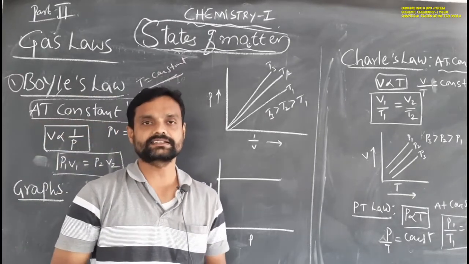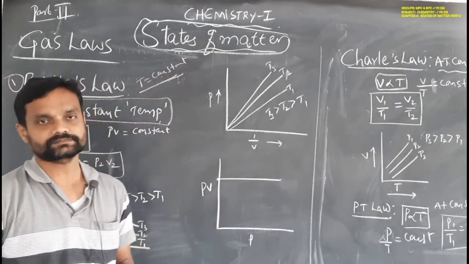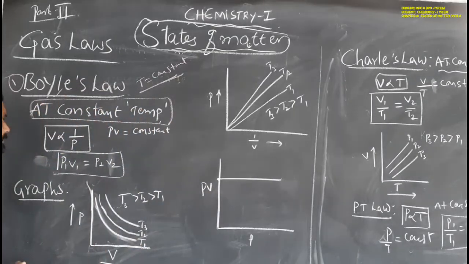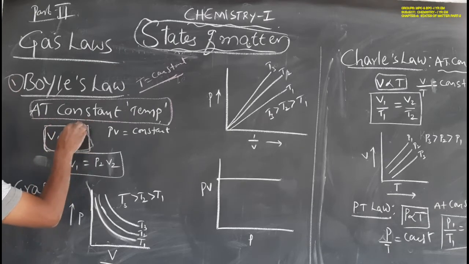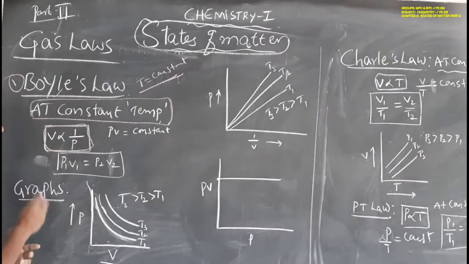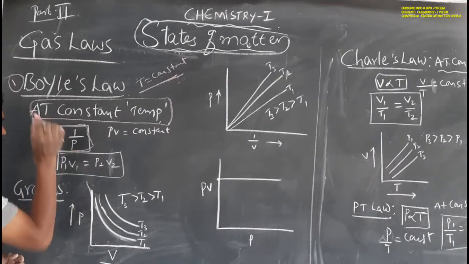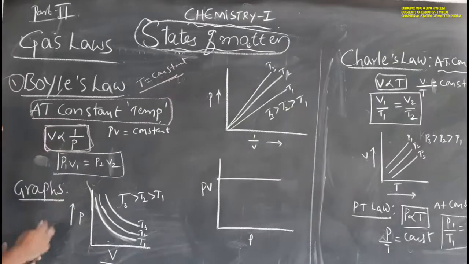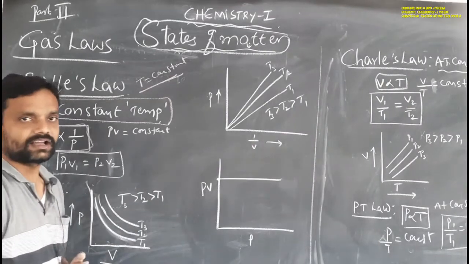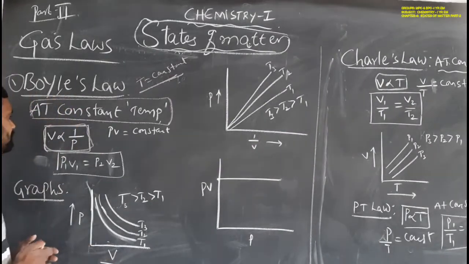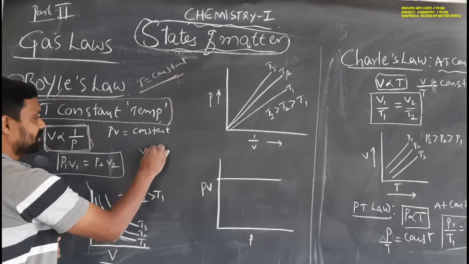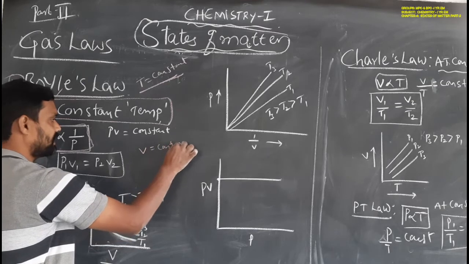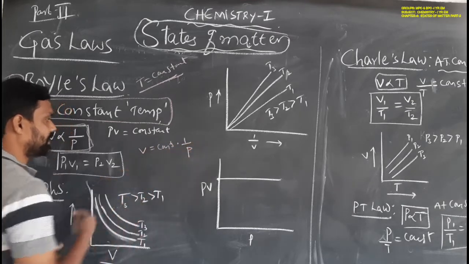Mathematically it is represented as V is proportional to 1 by P. That means the relation between volume and pressure is an inversely proportional relation. When we remove the proportionality, we get a constant, that is V equals some constant into 1 by P.